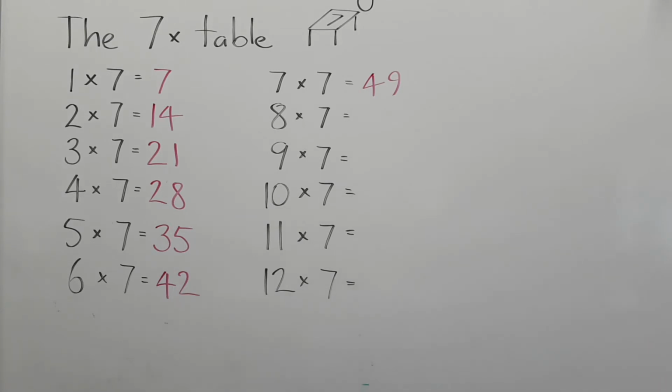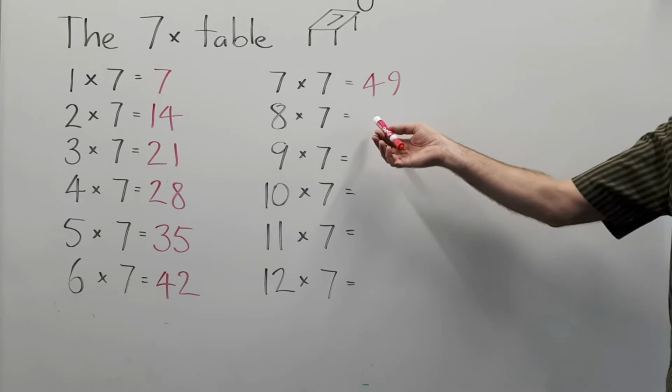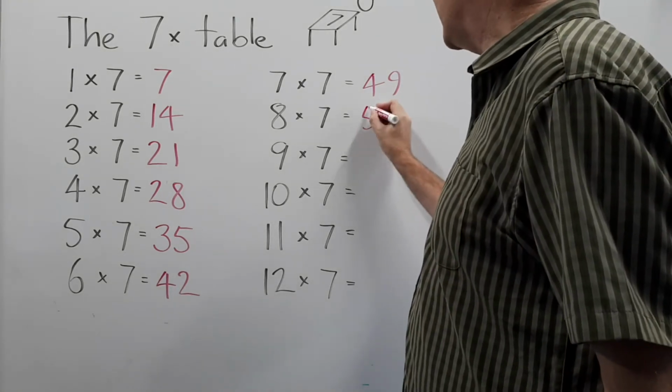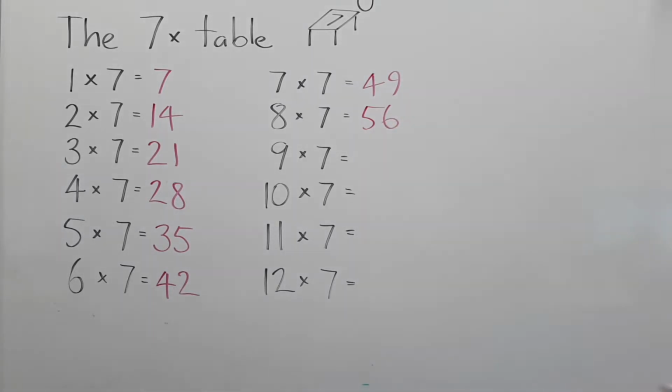8 times 7, this is another class favourite. So you remember the pattern, 5, 6, 7, 8? So the answer is going to be 56, exactly right. What do I mean by that? Hopefully there's enough room on my screen to show it here.